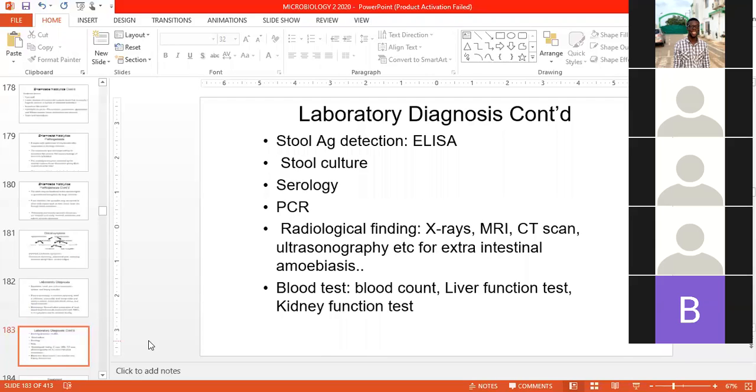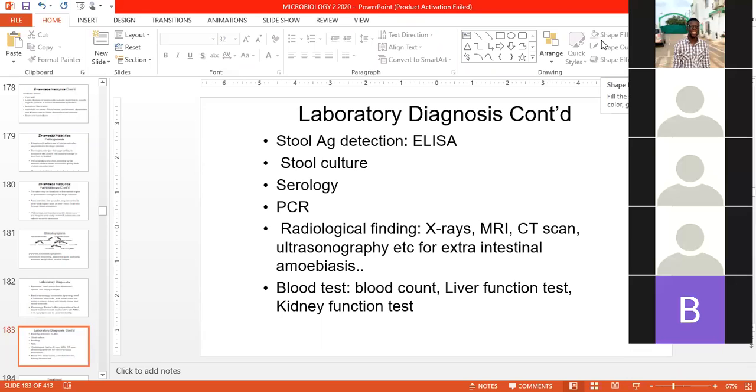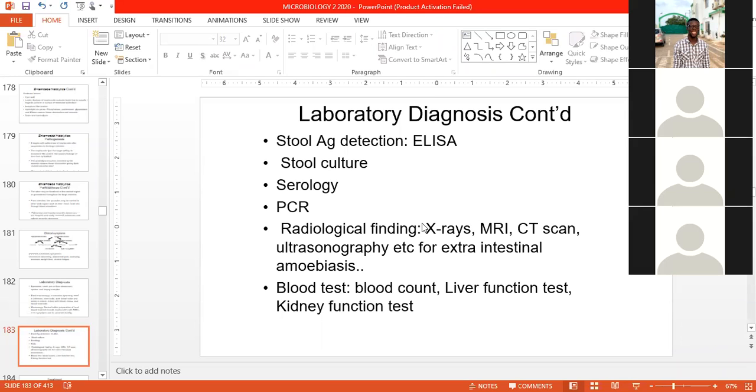Is it macrophages? Is it basophils? It's not macrophages, because macrophages will engulf and swallow the organism. It's not neutrophils. Yes, eosinophils, and you can also see basophils.